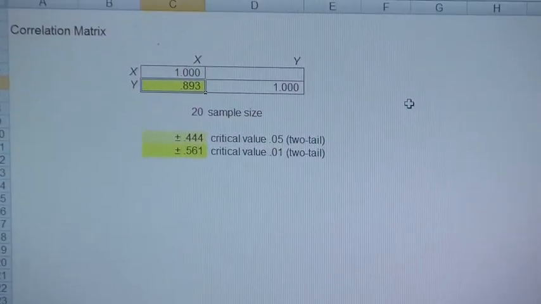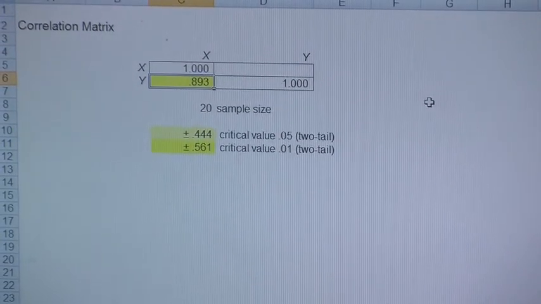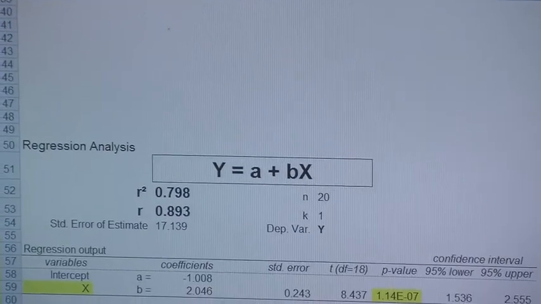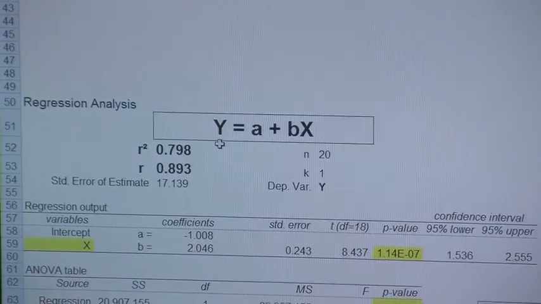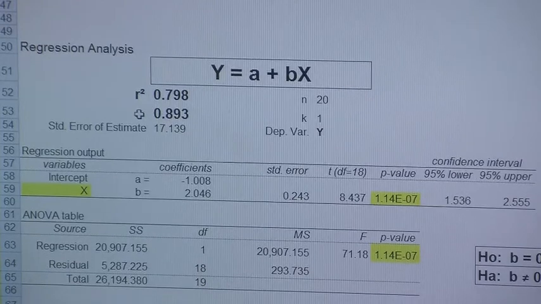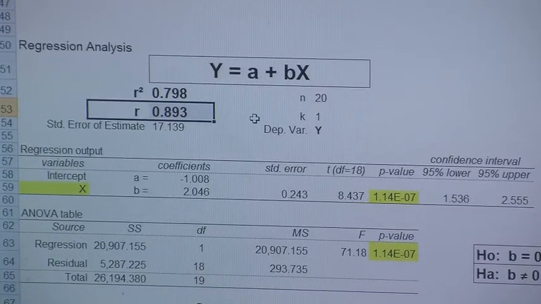Okay? So we make the transition from correlation analysis. The two variables are correlated at 0.893. That's a strong positive correlation between our two variables. We make that transition from the correlation analysis down to simple regression. And our simple regression model is y equals a plus b times x. Our simple regression output also provides us the Pearson correlation coefficient.